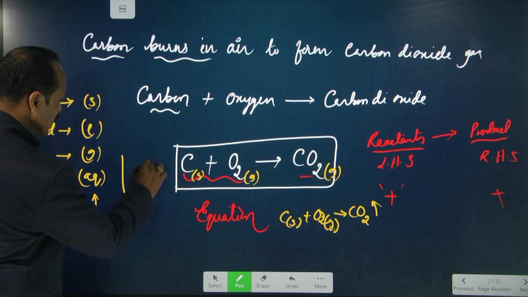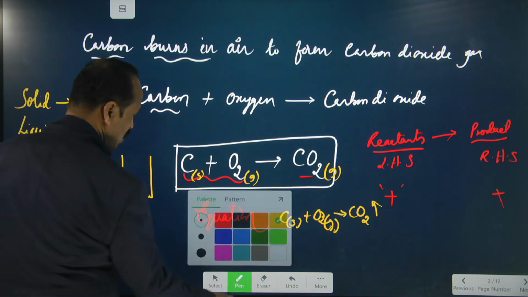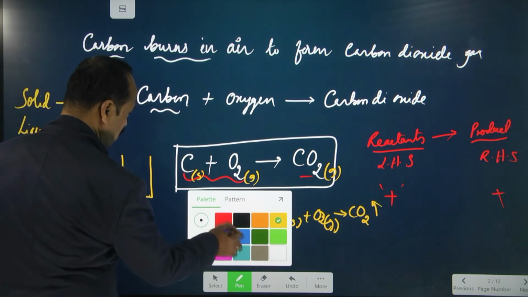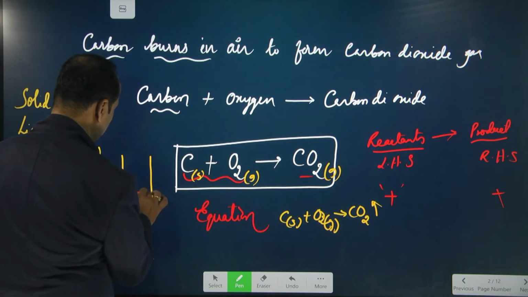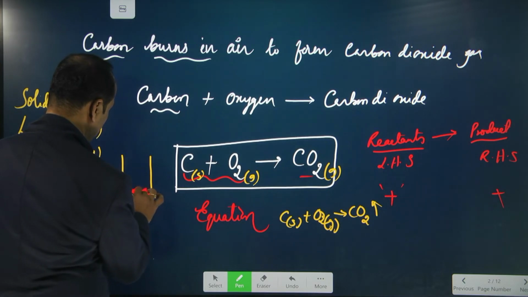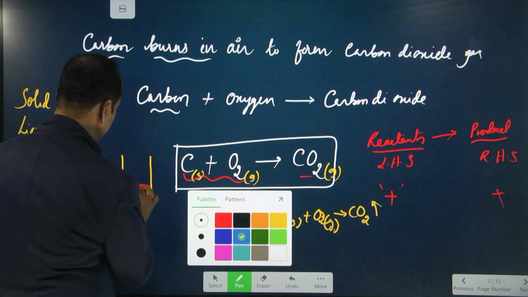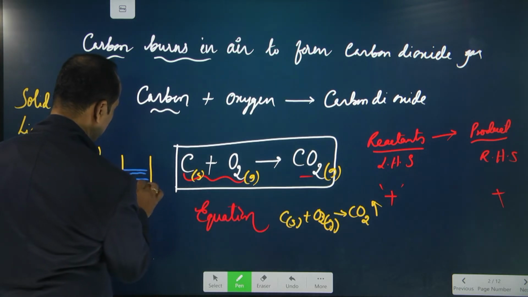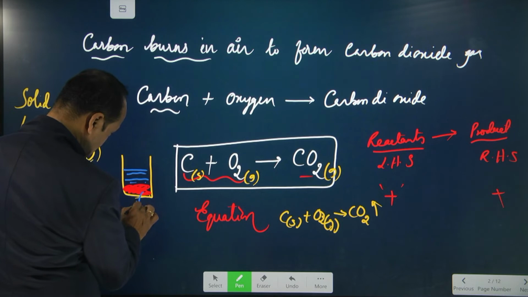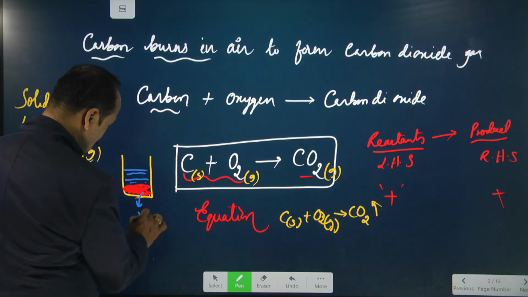For example, if a reaction is taking place and some solid is formed, the solid will settle at the bottom like this, and some liquid may be formed at the top. The solid which is settling at the bottom, when we represent it, you give the arrow mark downwards.